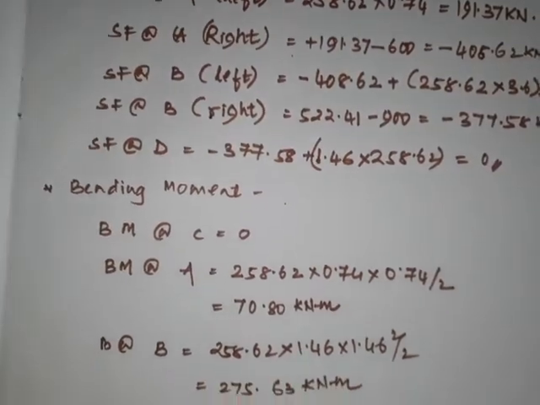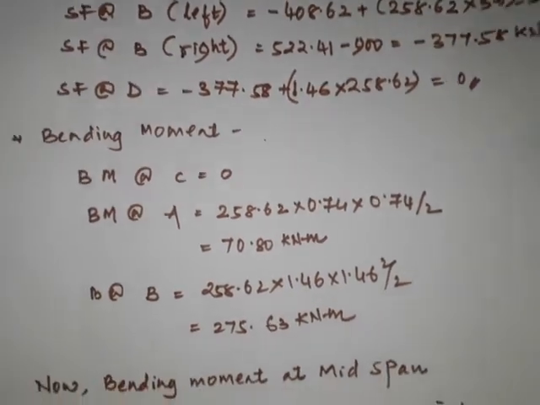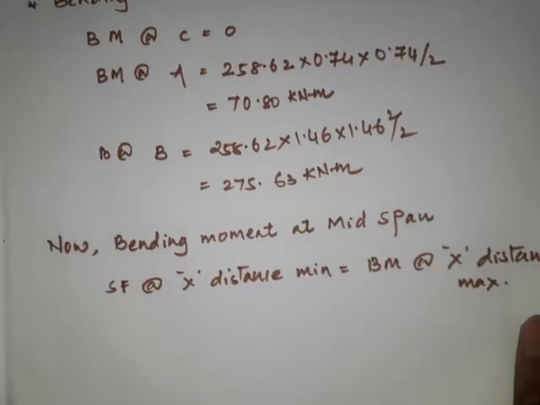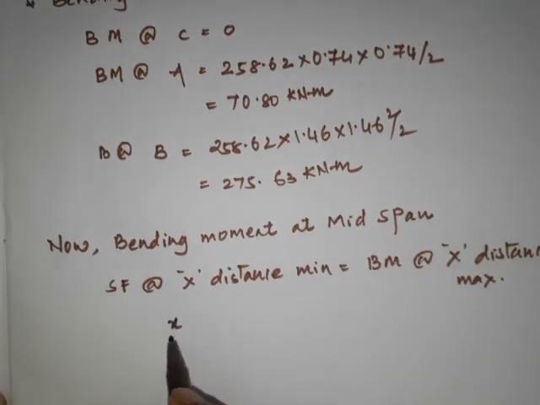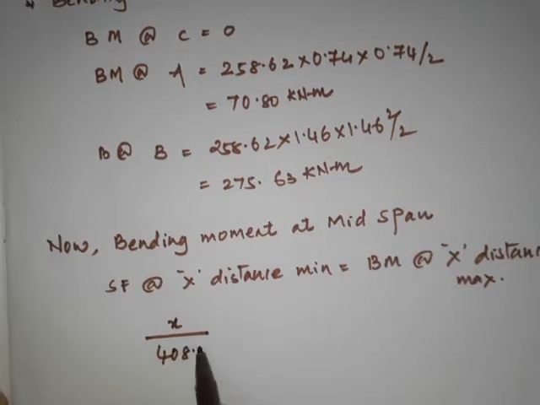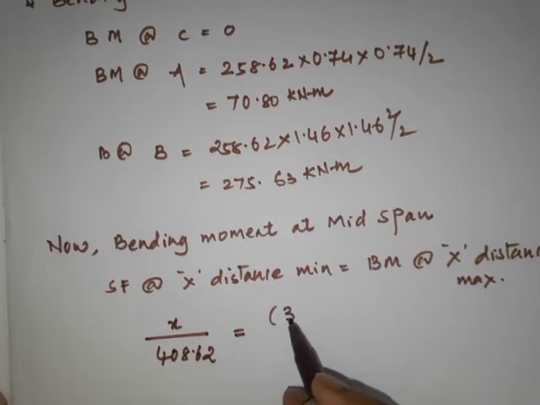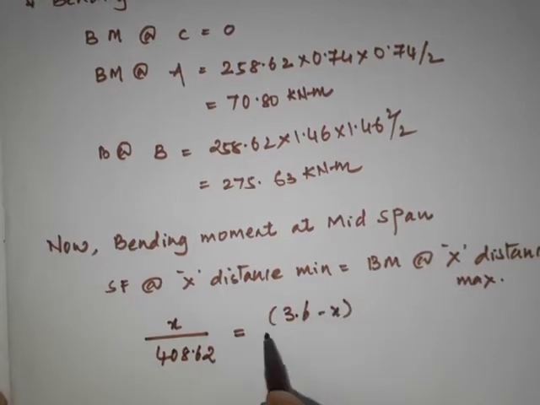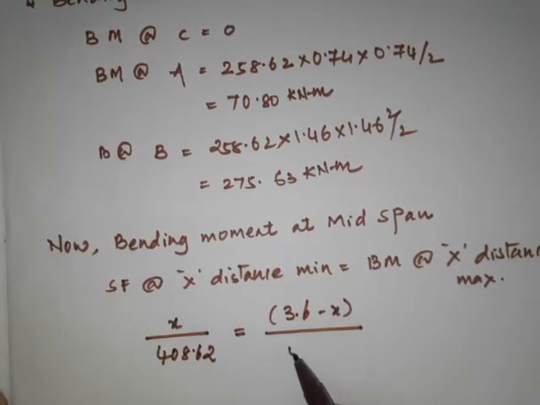We'll consider x divided by 408.62 is equal to (3.6 minus x) divided by 522.41. Same steps you have to follow here.